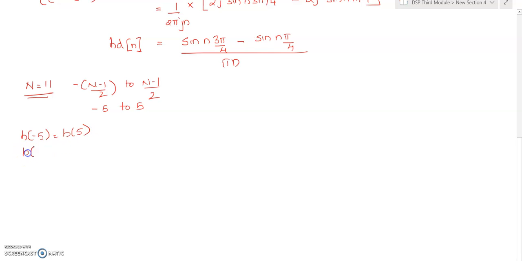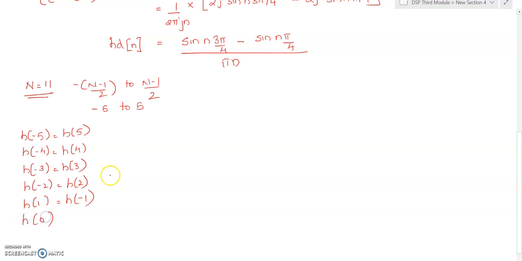Then h of minus 4 equal to h of 4. Then h of minus 3 equal to h of 3. And h of minus 2 equal to h of 2. H of 1 equal to h of minus 1. And at the end you have to find out h of 0. So as you substitute the various values of n, you will be getting these coefficients.